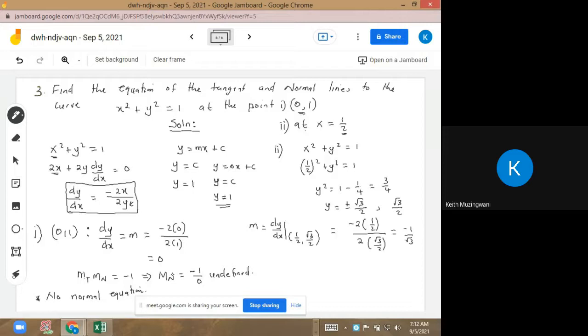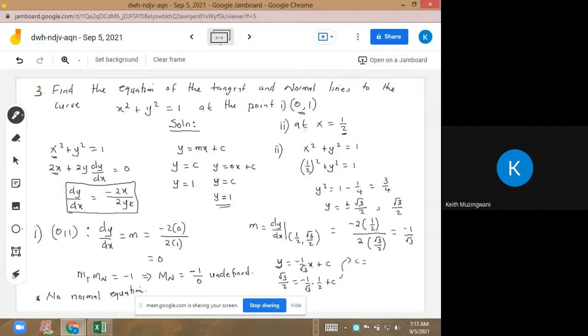So now you have y is equal to, when m is -1/root 3 x, what is c? You go back to the point, when y is root 3 over 2, you know that x is half, plus c. So what is c?